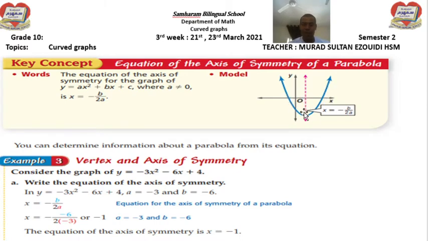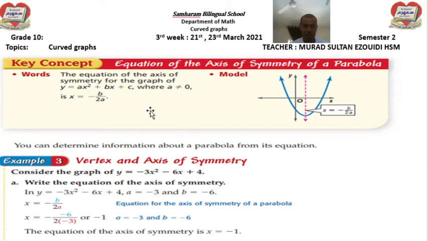Here the curve opens upwards, so this point is the vertex or turning point. It's also called a minimum, so the curve has a minimum at the point (x, y). X is the axis of symmetry, and y is found when x is negative b over 2a, just by substitution.